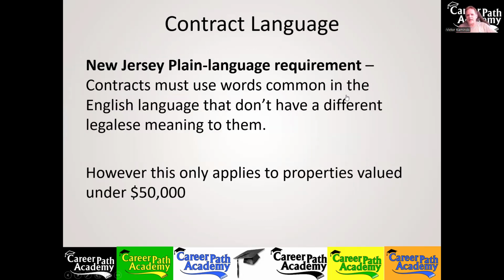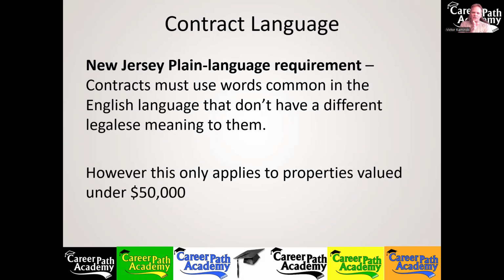New Jersey has a plain language requirement. It's like a little blurb in this book. It used to be a whole page in the book, but as you can see, for obvious reasons, they barely even mention it anymore. New Jersey does have a plain language requirement for all of our sales contracts that says contracts must use words common in the everyday English language that don't have a separate legalese meaning to them.